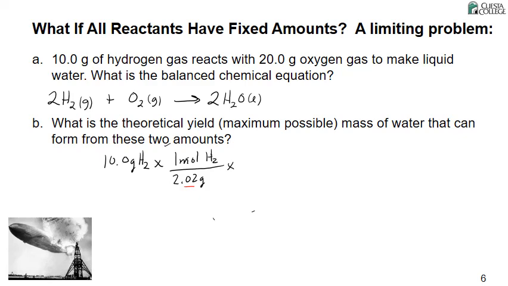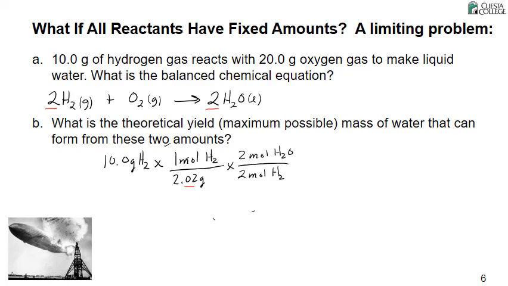Once the number of moles has been calculated, then it's up to the chemical equation to show the relationship between the reactant we're discussing and the product we're looking for. In this case, it's a 2-to-2 ratio. So for every 2 moles of H2 used, 2 moles of H2O will form.